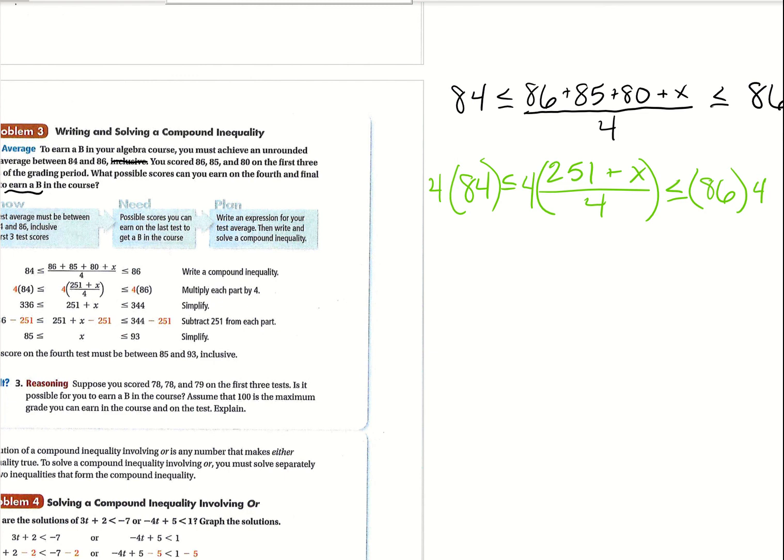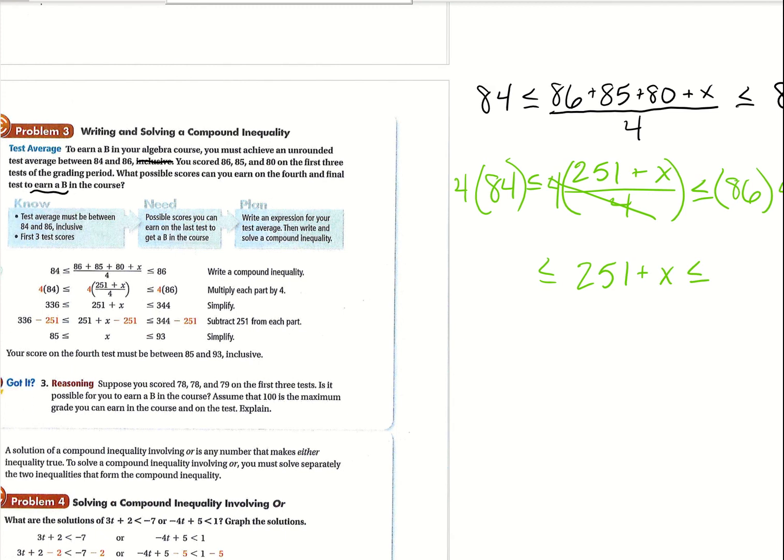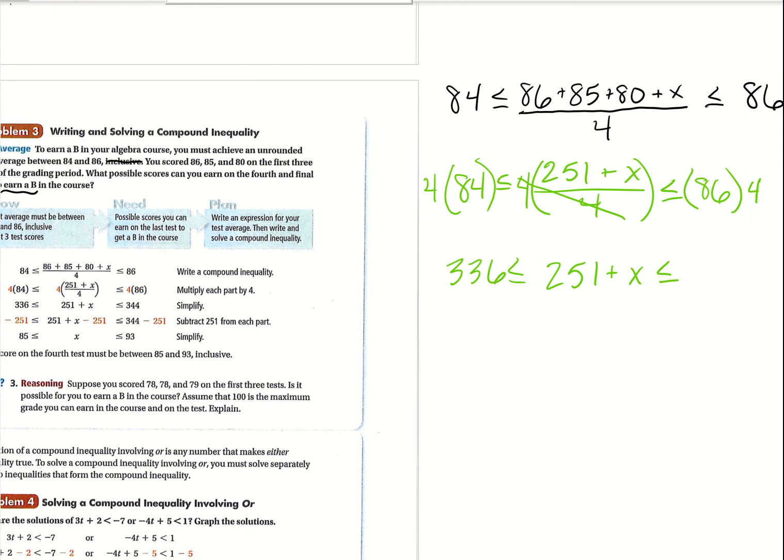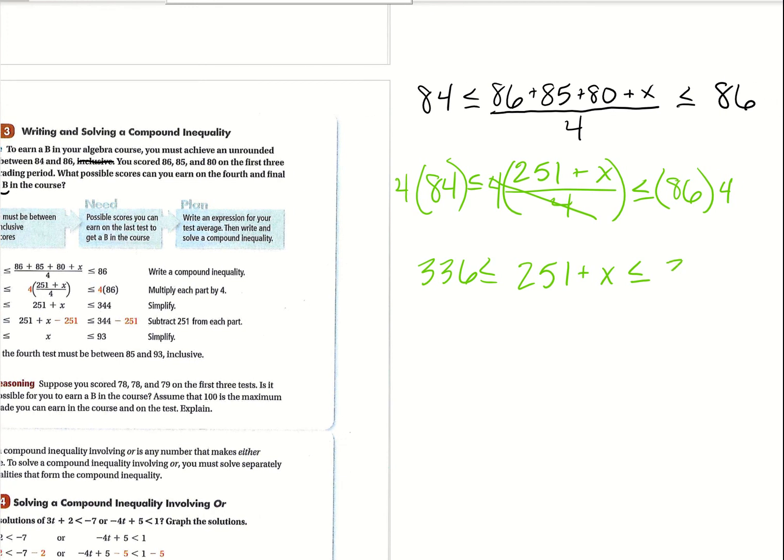The 4s will cancel here, so we've got 251 plus x in the middle, and if I look over at what they have, it looks like they've got 336 and 344.